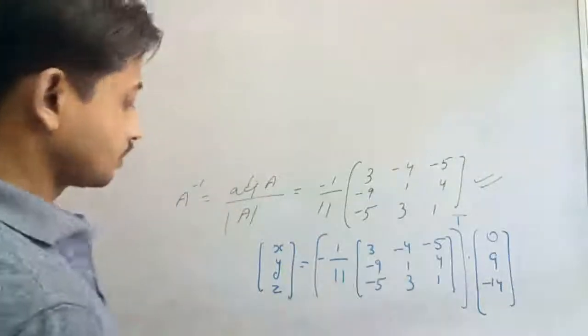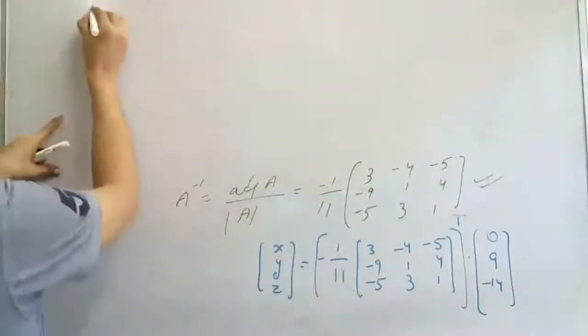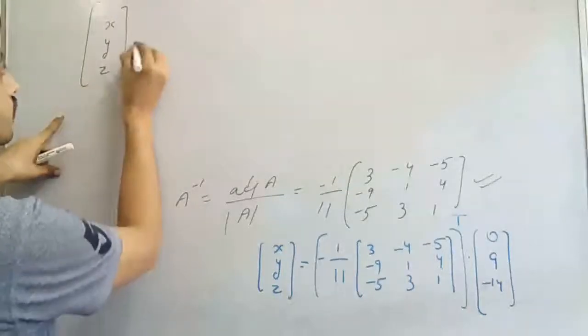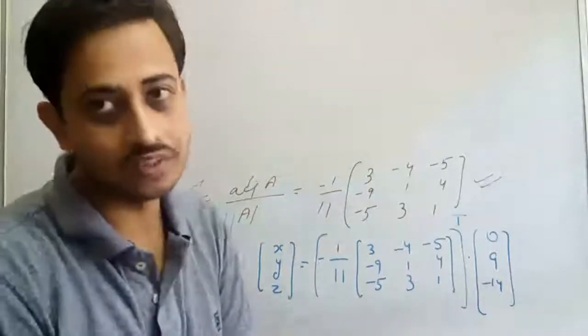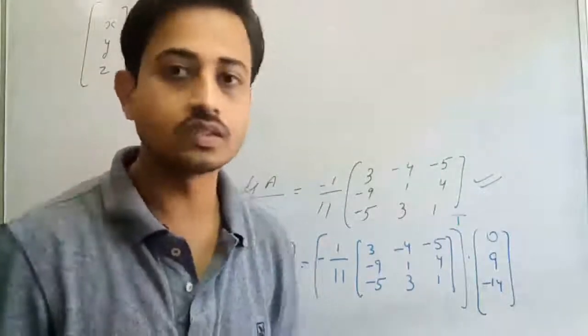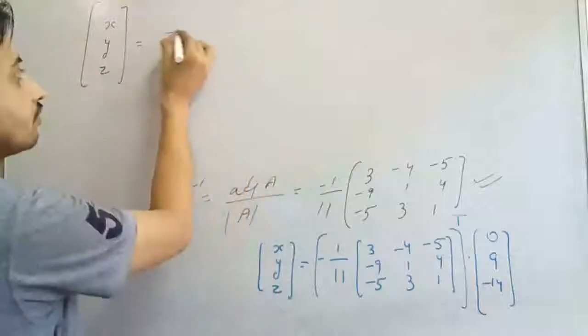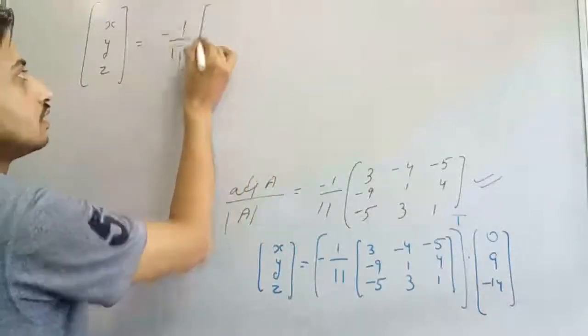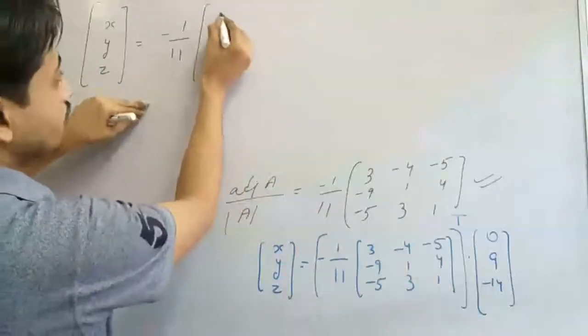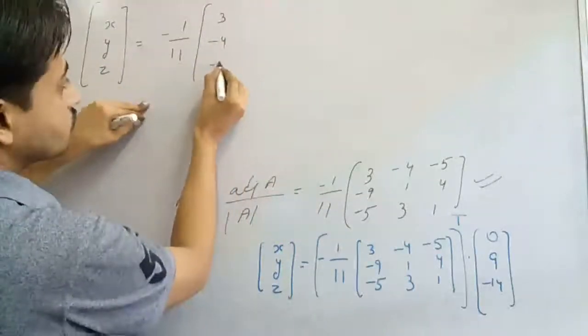Now we have to solve this. So I am writing x, y, z, and we have to do the transpose, and we know the transpose is only done with the matrix, not the element. So this minus 1 by 11 we write as it is. Now what's the transpose of this? The first row is 3, -4, -5.